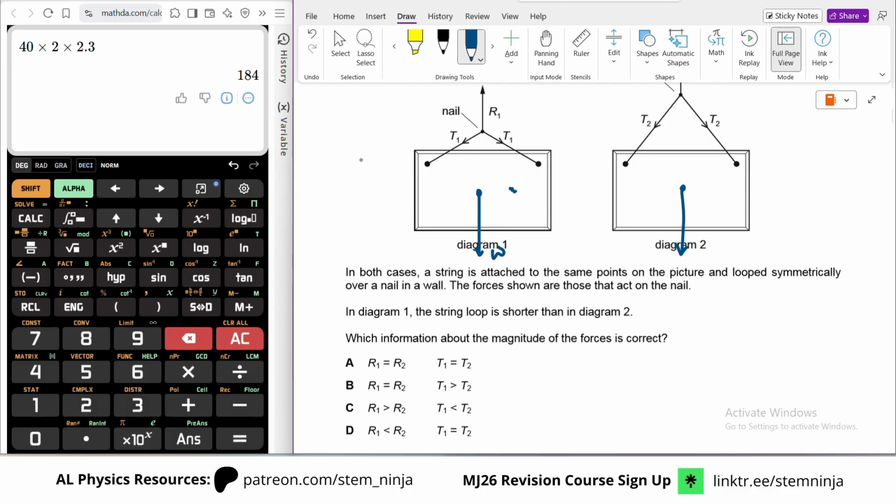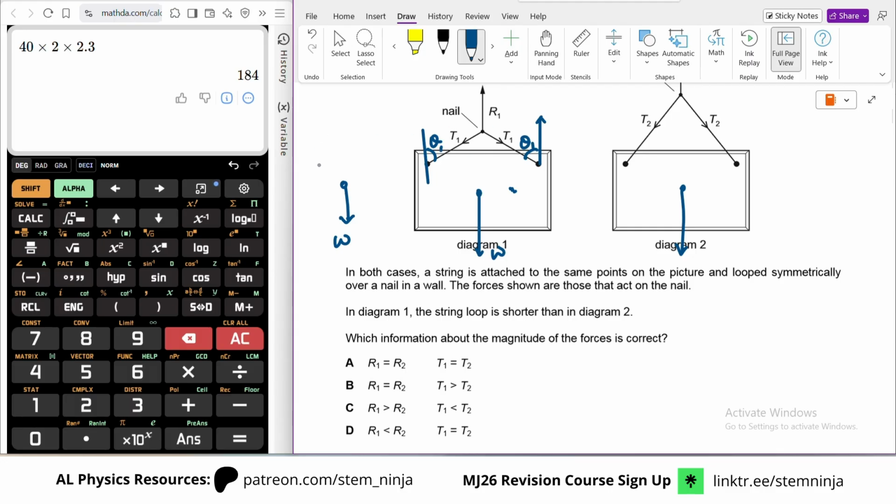If you make a free body diagram focusing on this picture itself, you have a weight acting downwards and tension acting upwards at these two points. So let's say, for example, you have theta like this. Let's call it theta 1.